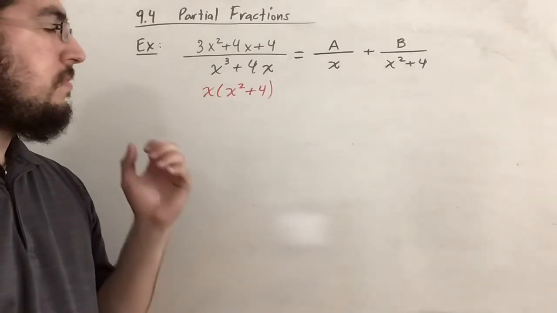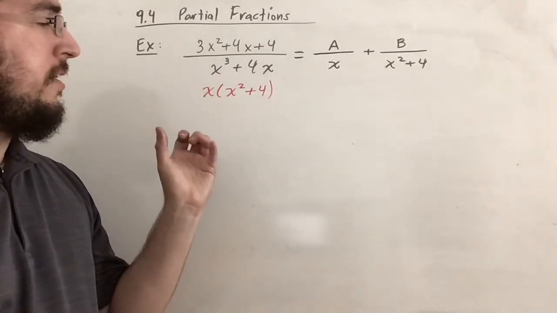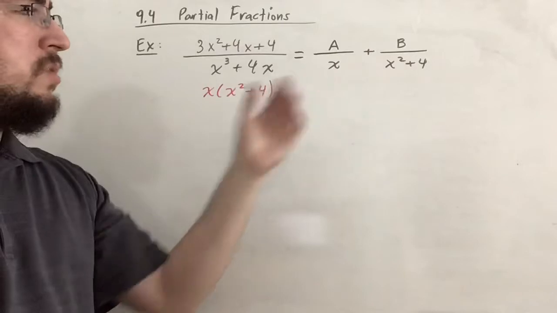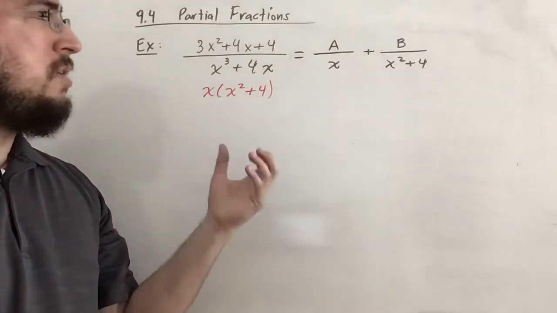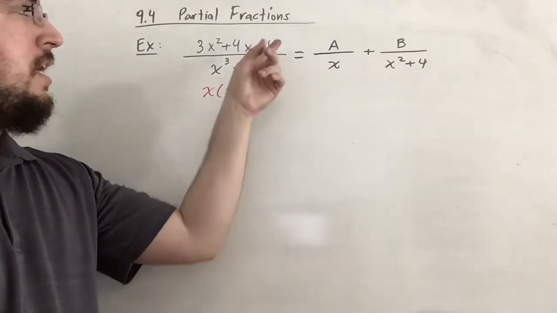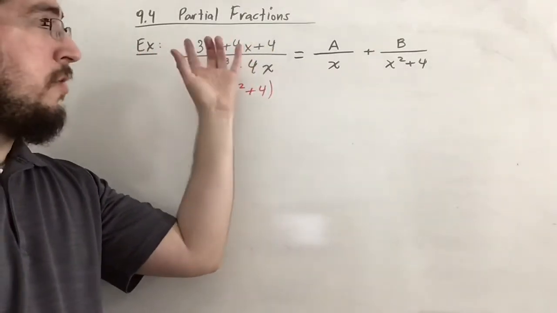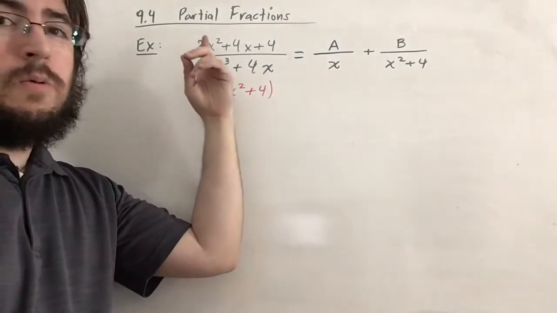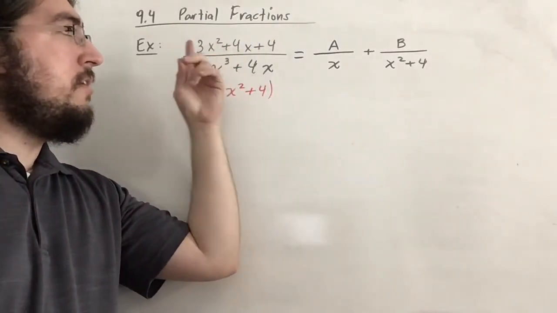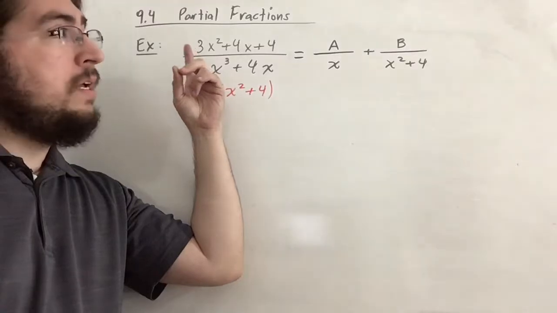Now, the big takeaway here is that you can try to make this work out, but it's not really going to work. In fact, the reason why it doesn't work here is because in our numerator, we have 3 coefficients. We have a constant, we have a linear, and we have a quadratic coefficient.